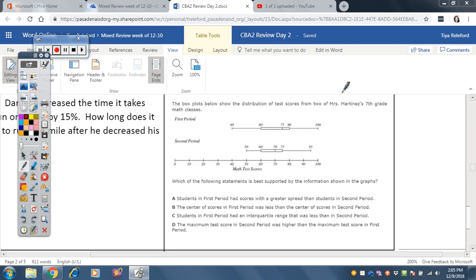Interquartile range is the box. So to find the range for the interquartile, you take the biggest number in the box minus the smallest number in the box. And then D talks about the maximum test score. That's the highest. Those are your maximums.